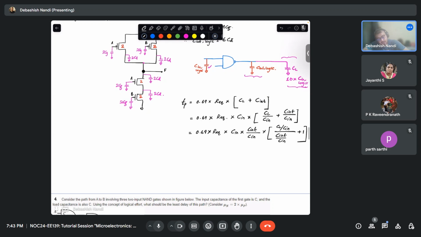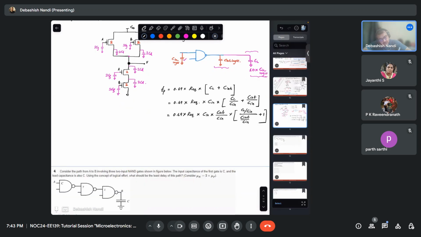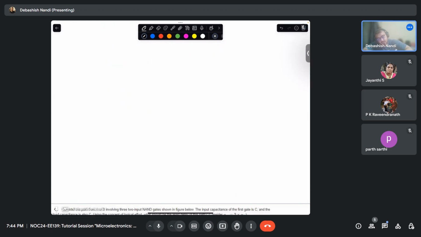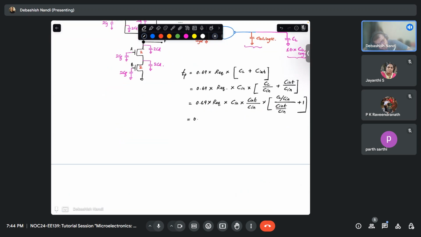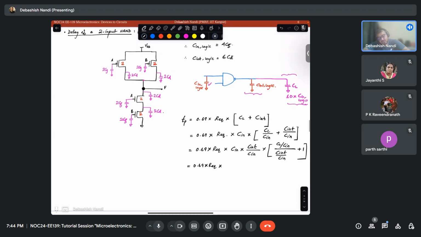Okay. So now this is 0.69, this is R equivalent. What is my C in? C in is my 4 CG. Let's not go into that because my C in will get cancelled.